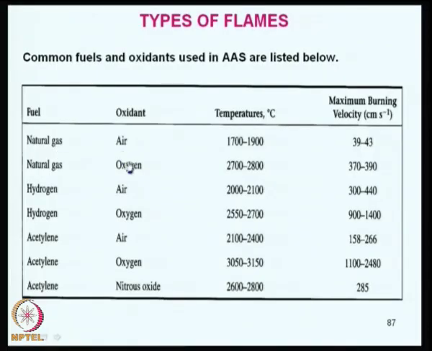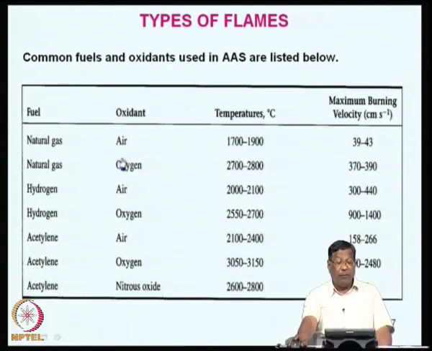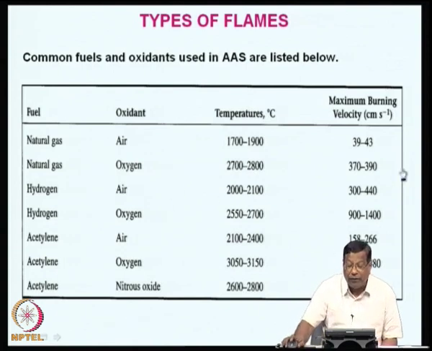So, you can choose different kinds of oxidants and fuels. In general, natural gas can be used along with air, and the temperature you are seeing here is of the order of about 1700 to 1900 degree centigrade. The maximum burning velocity is of the order of about 39 to 43 centimeters per second.